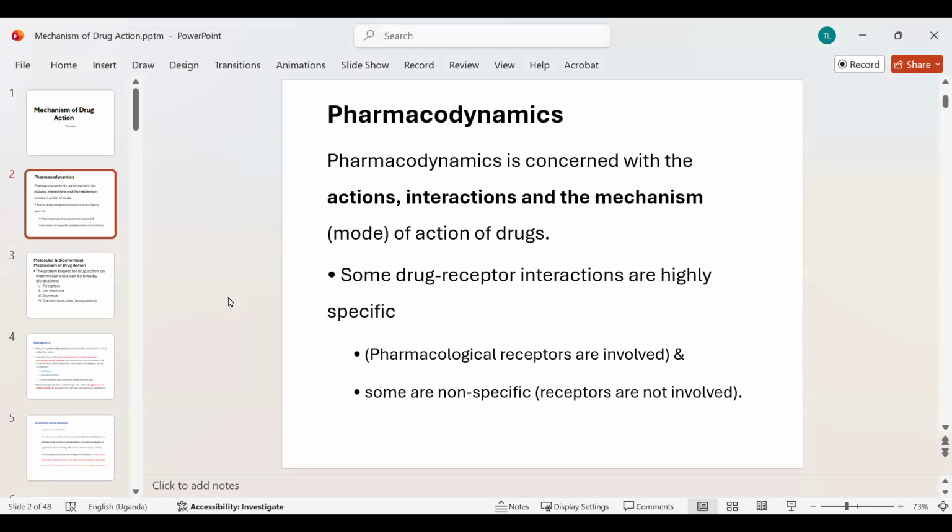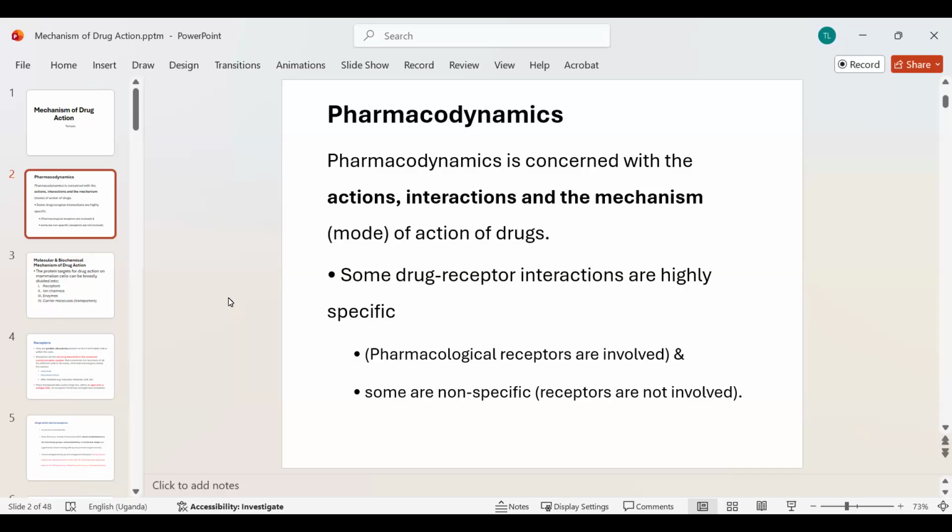So as you can see here, we are talking about drug actions, interactions, and the mechanisms or modes of drug action. That is basically dynamics. Some drug receptor interactions are highly specific.